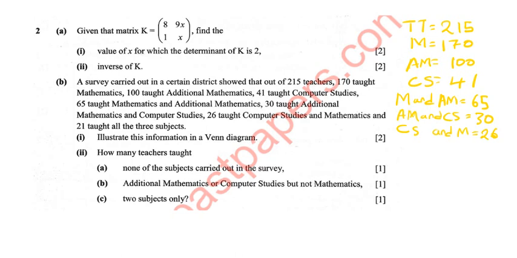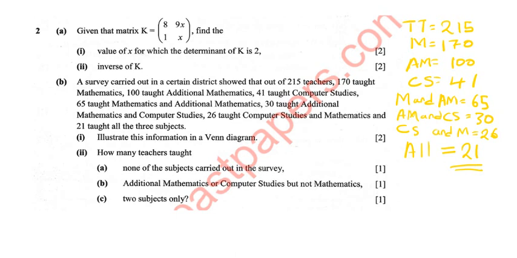So they have said all the three subjects, which is mathematics, additional mathematics, and computer studies, they were 21. Now this 21, all of them, it is your key for this type of question. This is your key for this type of question.